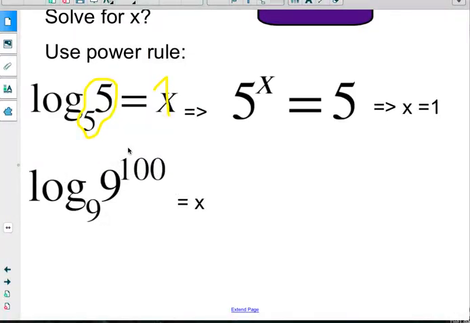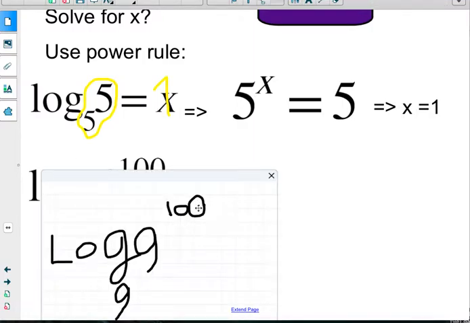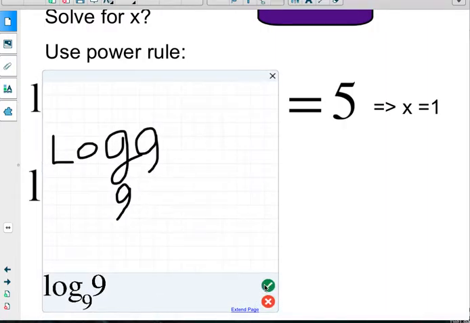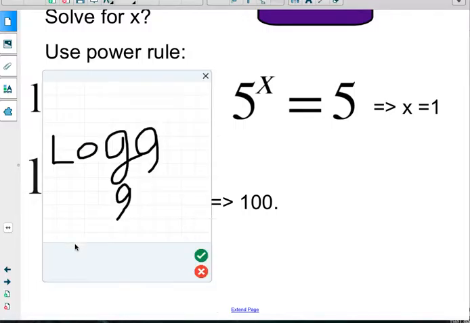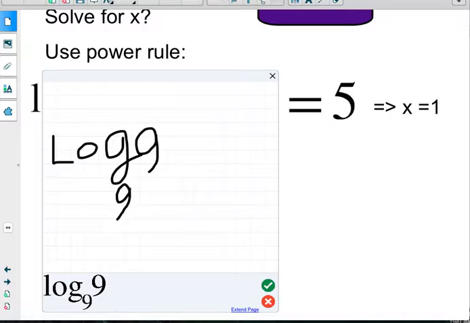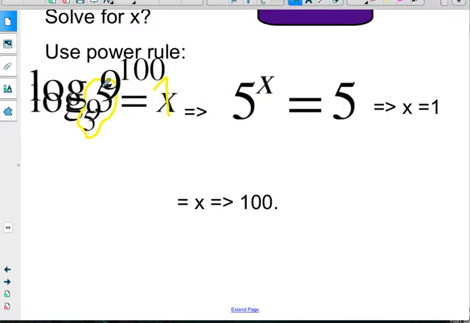So we're going to apply it here: we write 100 times log base 9 of 9. Let me fix that, I messed it up here. This was 100 here.